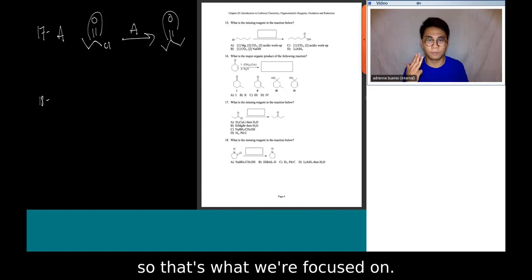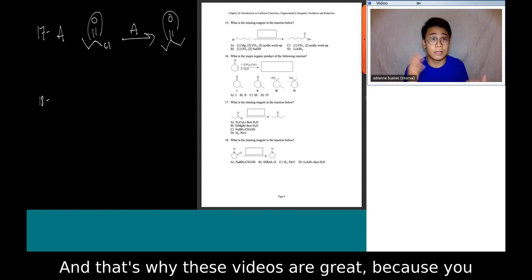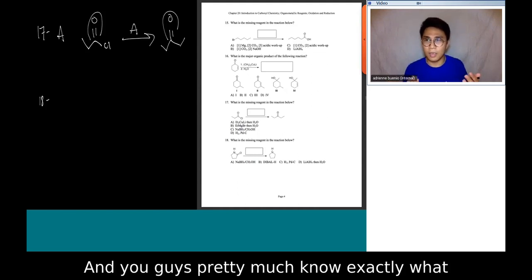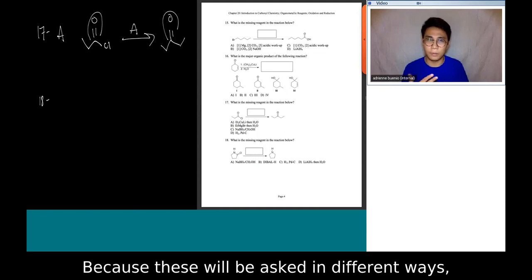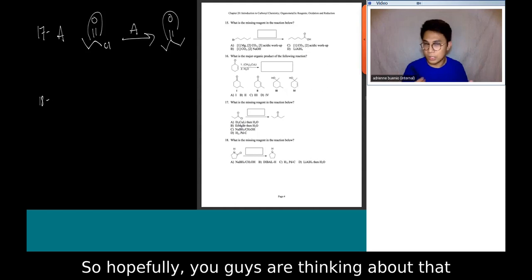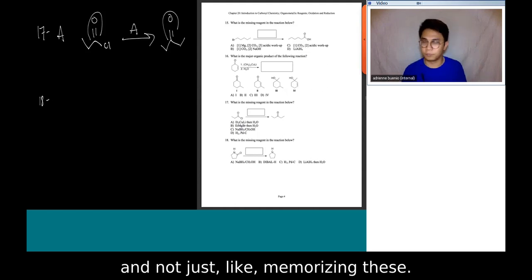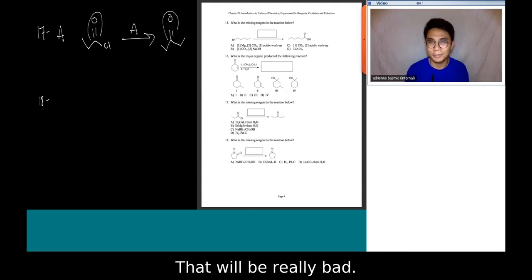So that's what we're focused on. But that's why you need to practice, and that's why these videos are great, because you have 20 questions per chapter, and you pretty much know what to look forward to, because these will be asked different ways, right? Each chapter, each topic. So hopefully you guys are thinking about that and not just memorizing these, because that will be really bad.